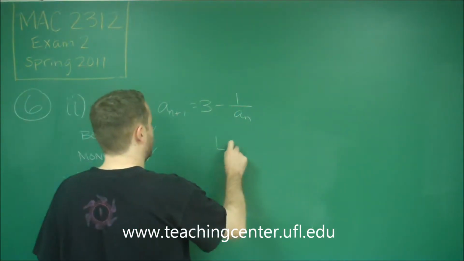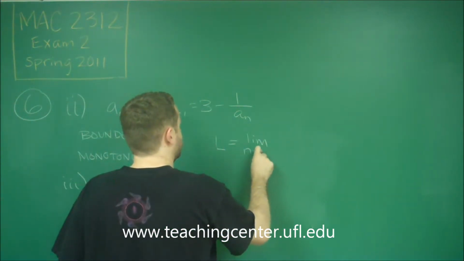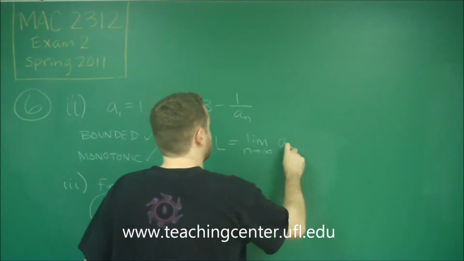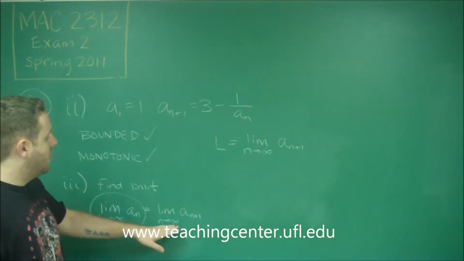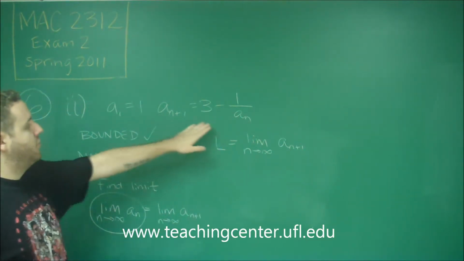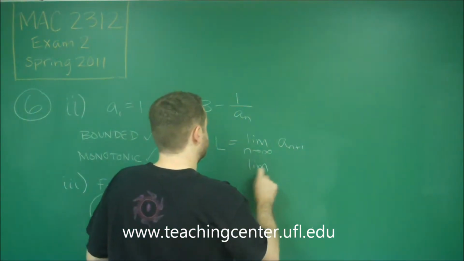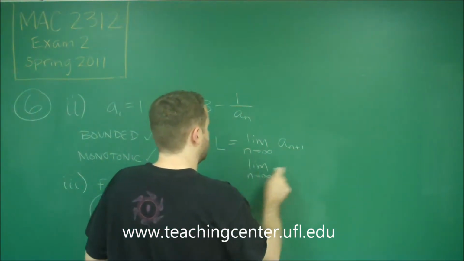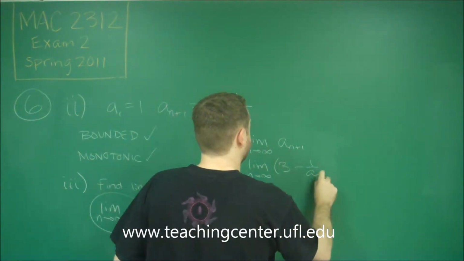So we get that L must equal the limit as n goes to infinity of a sub n plus 1. However, we know that not only should this equal L, but we have a formula for that. We can make that a little bit easier. So a sub n plus 1 is actually 3 minus 1 over a sub n.